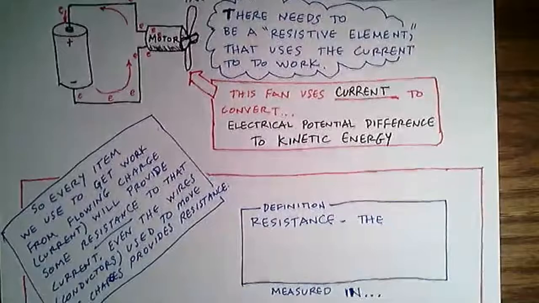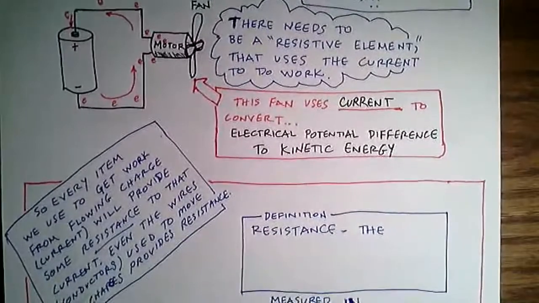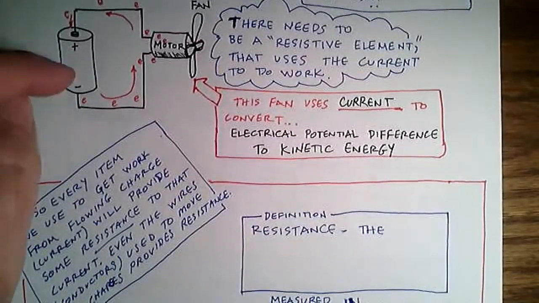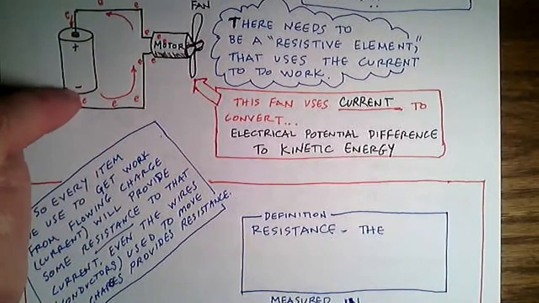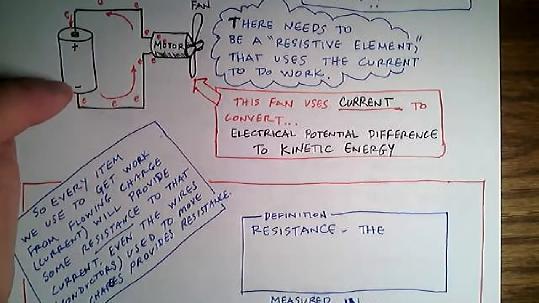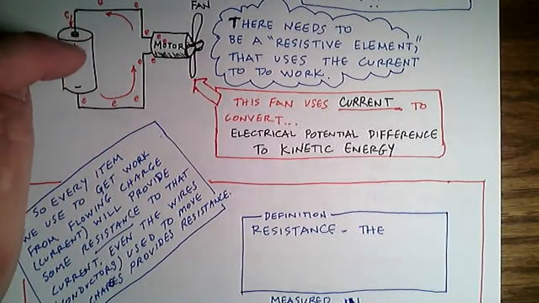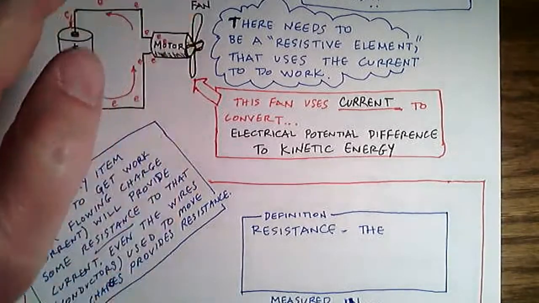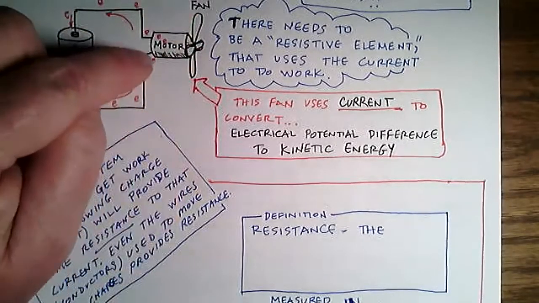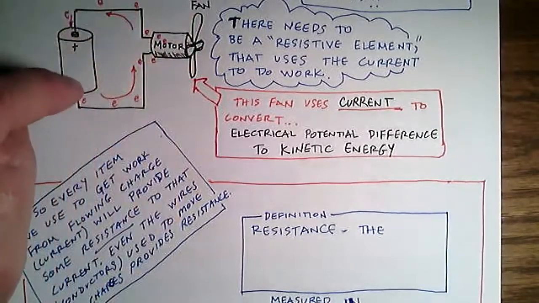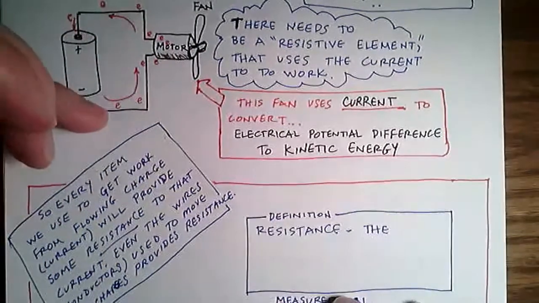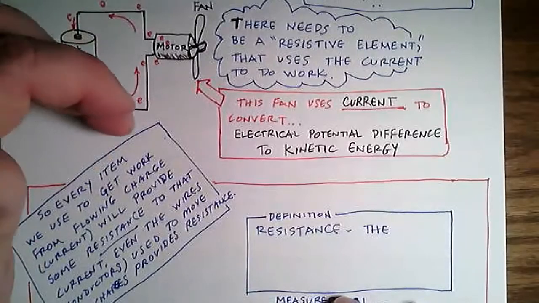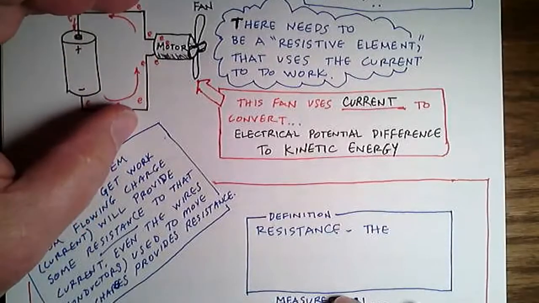And if we use the water analogy that I talked about before, think of this flow of electrons being like a stream that flows from high elevation to lower elevation. Well, as it flows, it's going to bump into things. If this was a stream with water in it, that water's going to bump into rocks. It's going to rub on the bottom of the stream. It's going to run into things, and that's going to slow it down.